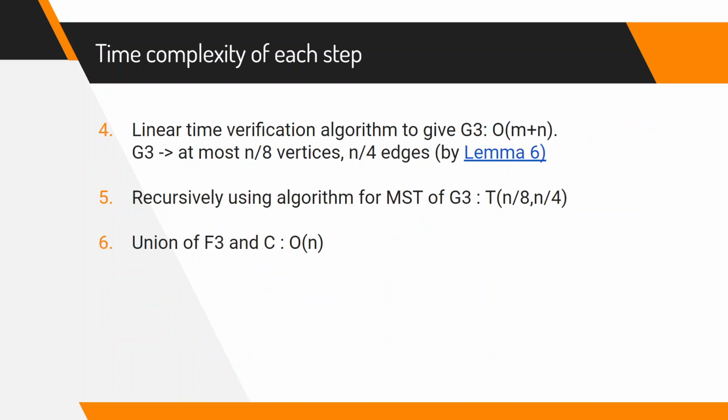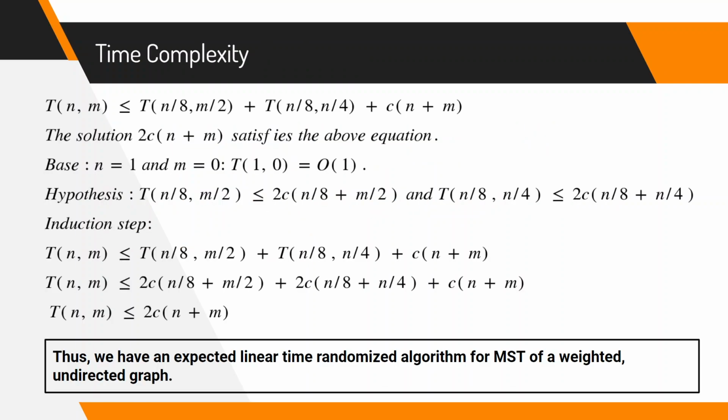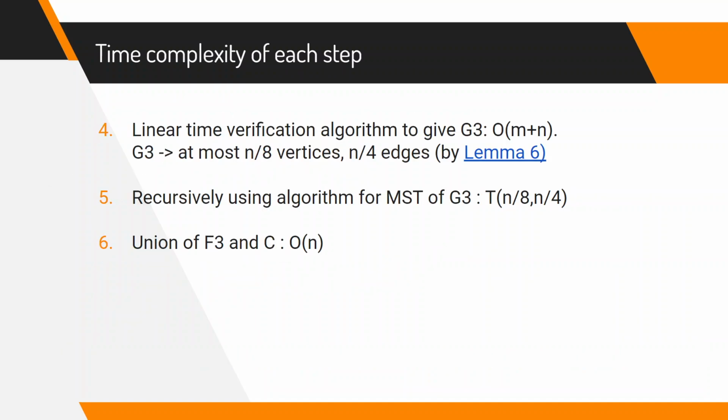Recursively using the algorithm for MST of G3 will be T(n by 8, n by 4), and at the end we will be taking the union of F3 and C, which will take O(n). Now sum it up. So what we have in our equation is T(n by 8, m by 2) from our second step, and T(n by 8, m by 2) from the third step.